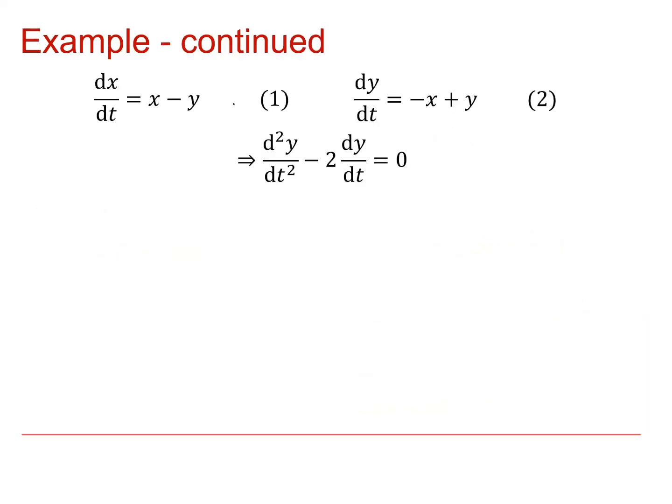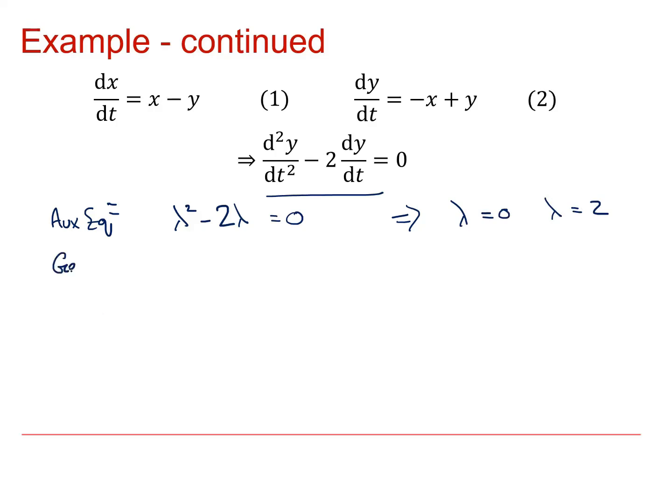Continuing with this example, from this differential equation the first thing we need is the auxiliary equation. My auxiliary equation is lambda squared minus 2 lambda is equal to 0. That gives me two values for lambda: lambda is equal to 0, or lambda is equal to 2.